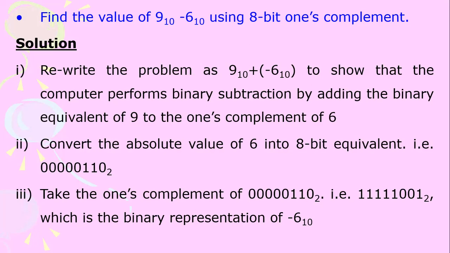The 1's complement is 1, 1, 1, 1, 1, 0, 0, 1 in binary, which is the binary representation of -6. Note that our most significant bit in this case is 1. So that 1 indicates that it is a negative number.